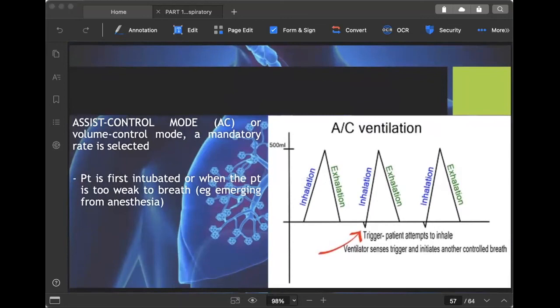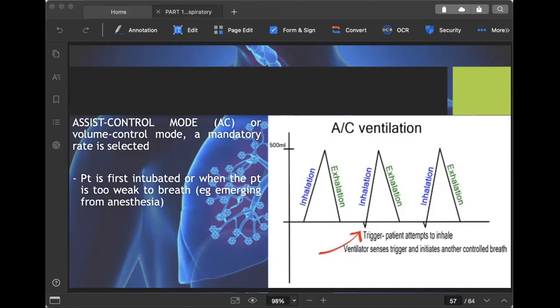What is happening here in assist control is a mode of ventilation where a minimum number of preset mandatory breaths are delivered by the ventilator, but the patient can also trigger assisted breaths, as you can see here in our illustration. So the patient makes an effort to breathe, and the ventilator assists in delivering the breaths. Okay.